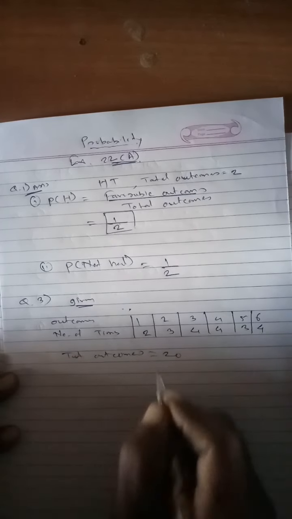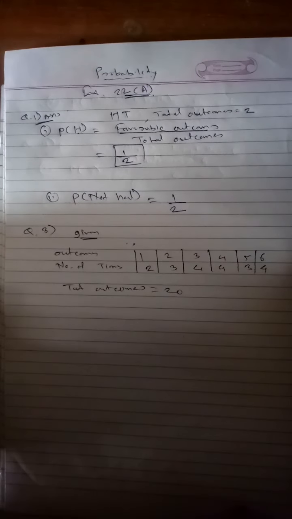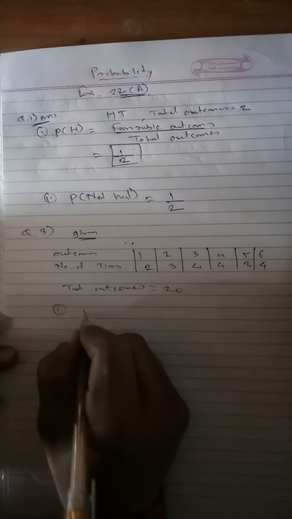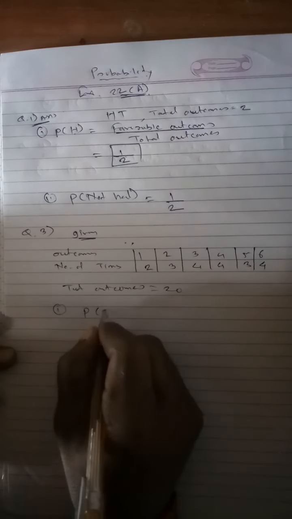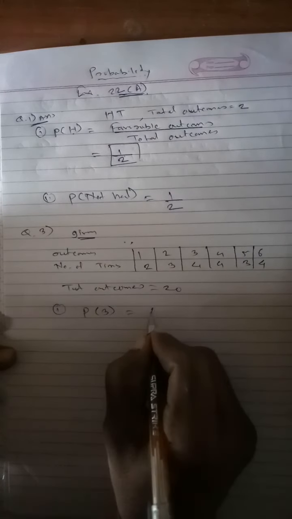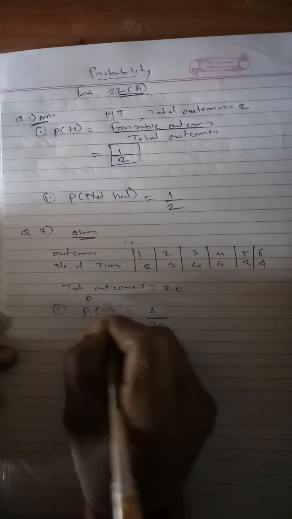Now we have to find the probability to get 3. Probability for 3: 3 came 4 times, so 4 out of 20. First we have to write down the formula.